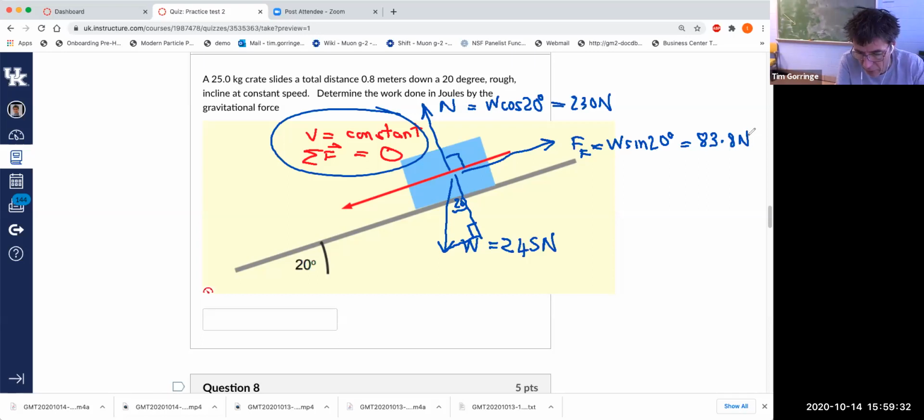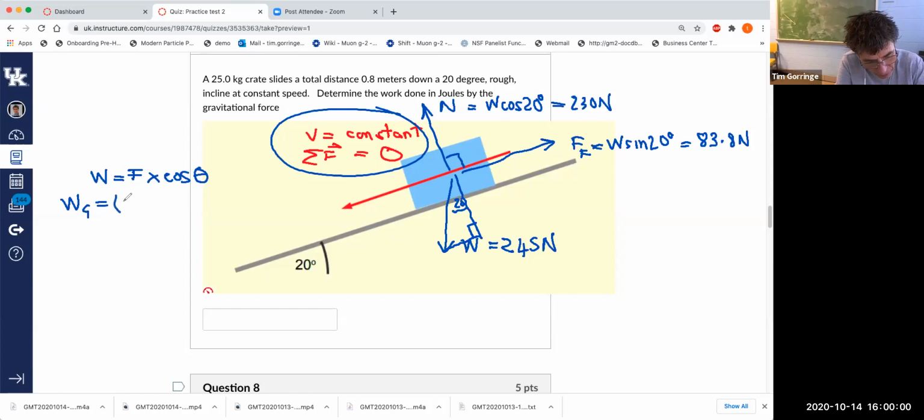Okay, so those are my forces, and now I'm in good shape. I can carry out the calculations of the work done by that master equation. The work done by a force is the size of the force times the size of the displacement times the cosine of the angle between the directions of the force and the displacement. So let's do gravity first.